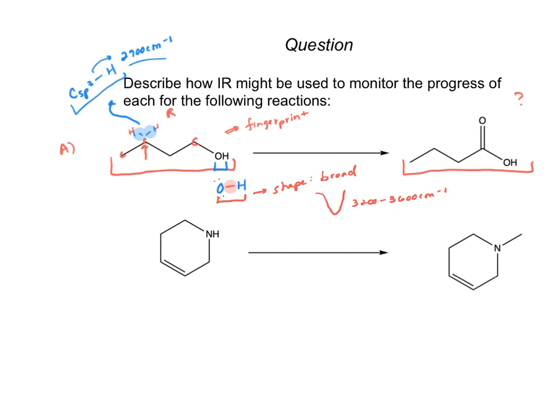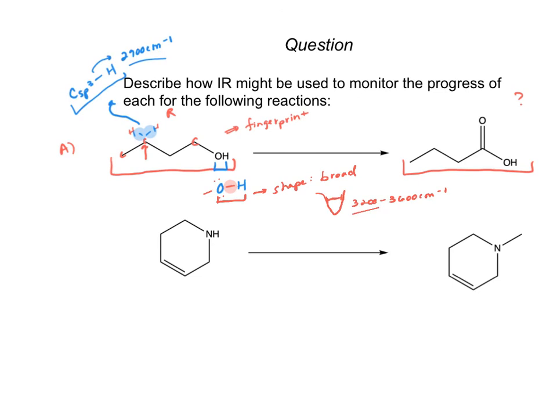Let's imagine we have our OH group participating in hydrogen bonding. Because of that, that's going to broaden our overall signal here. And so we'd expect this broad signal between 32 and 3600.